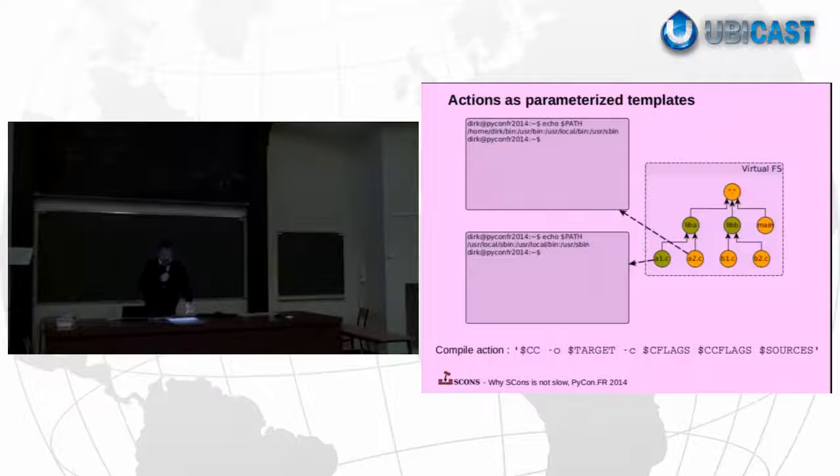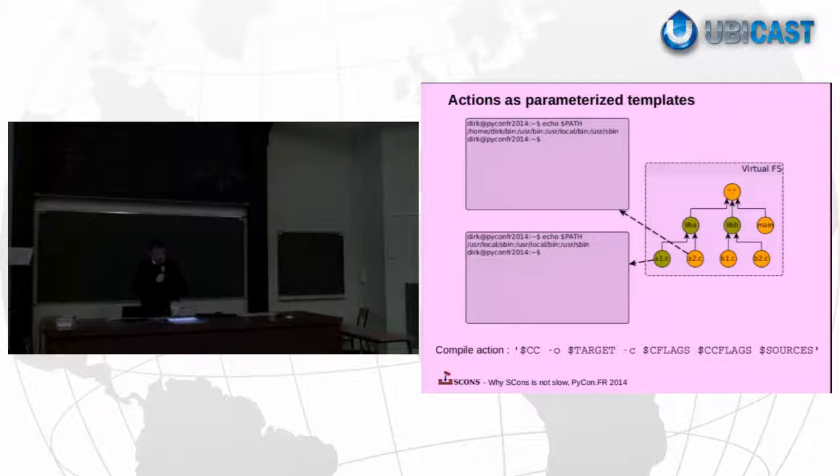So you see at the top, this one terminal displays a different path, for example, than the terminal below. And so we have several environments with different settings, with different variables. And now when we actually compile something, we have something like a string.